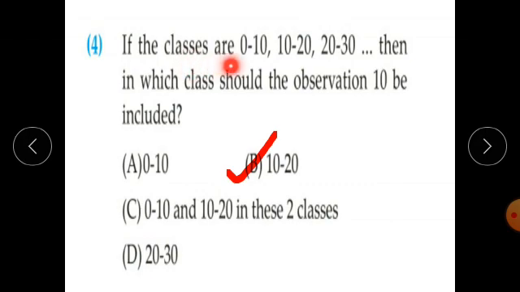So 10 is included in class 10 to 20, not in 0 to 10. This observation 10 is included in the class 10 to 20. So B option is correct, that is 10 to 20.